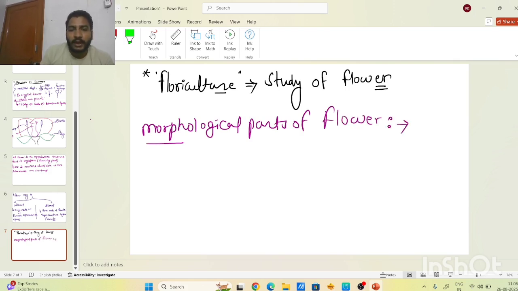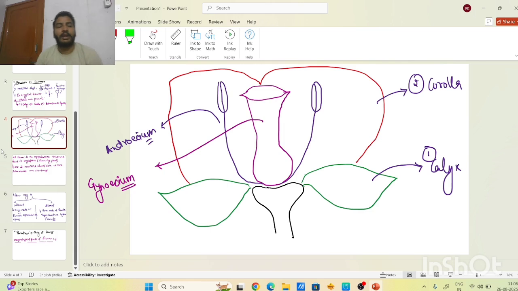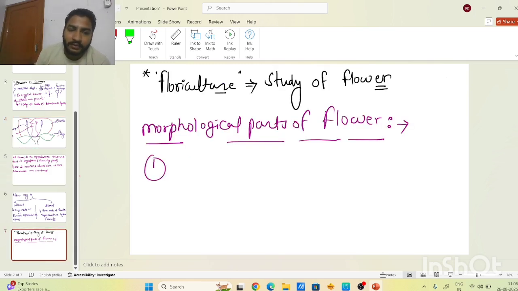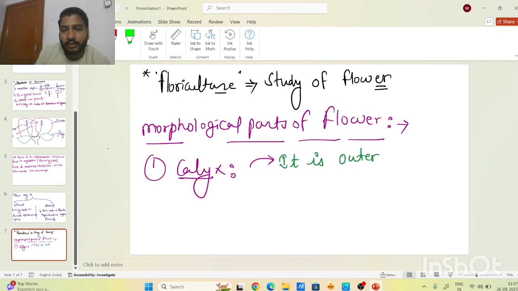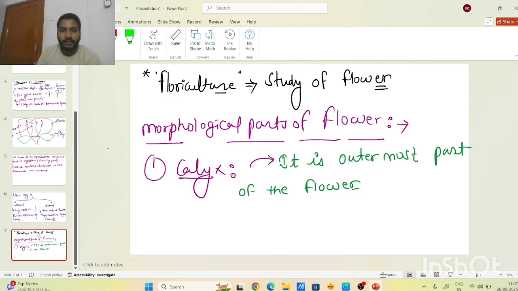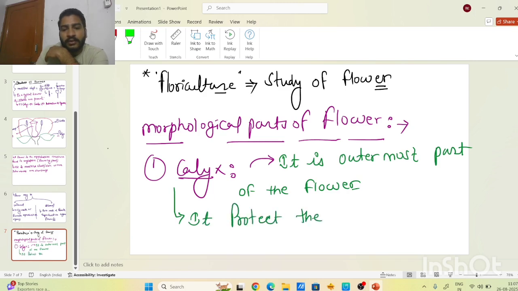As you know, and as I said in the fourth slide, there are four parts of a typical flower. We are discussing them one by one. The first one is calyx. Calyx is the outermost part of the flower, and it protects the flowering bud.